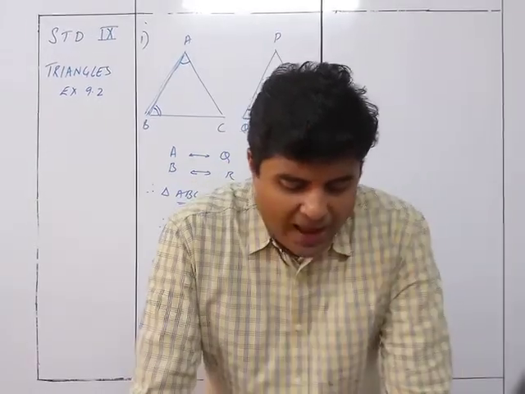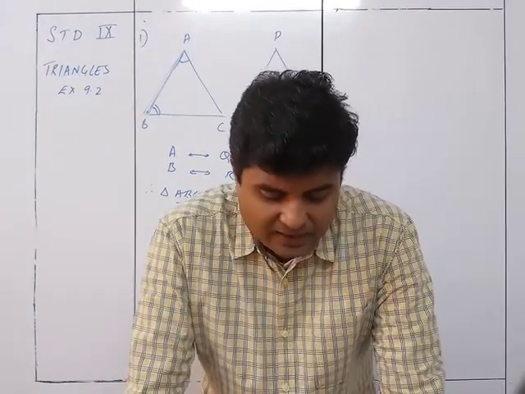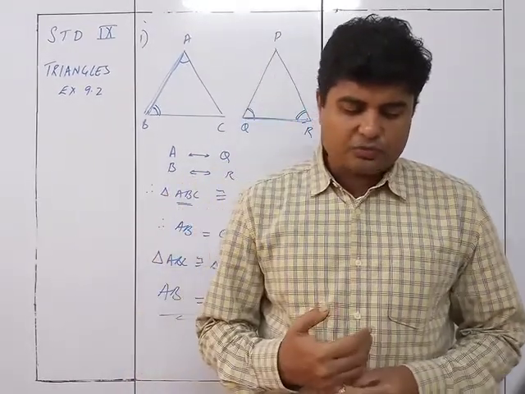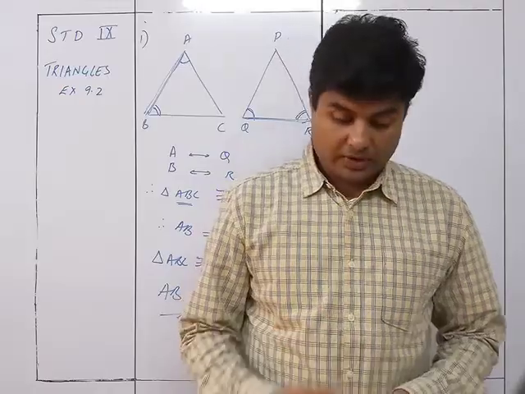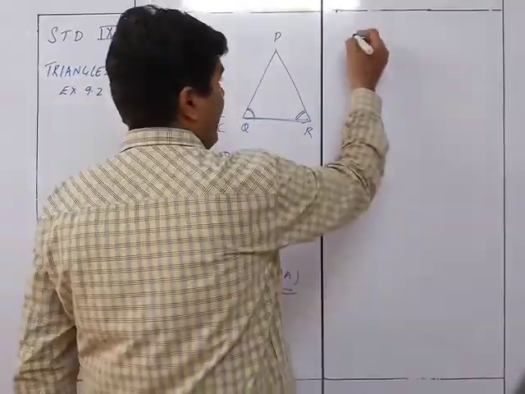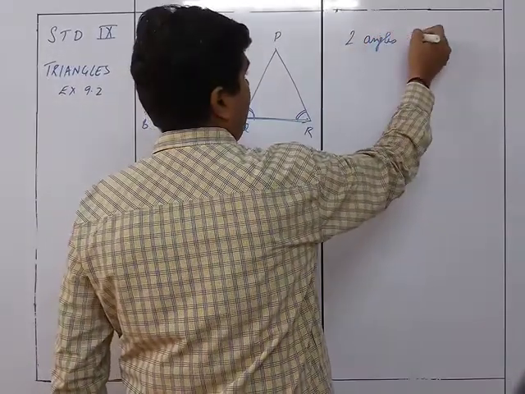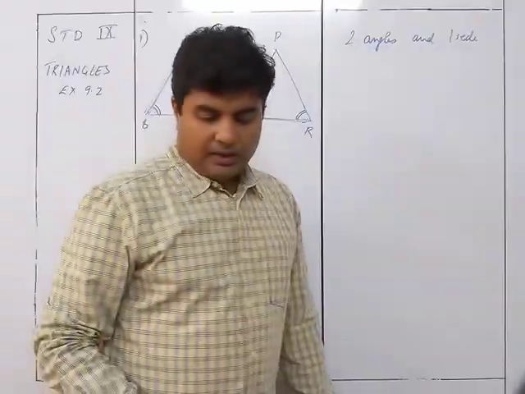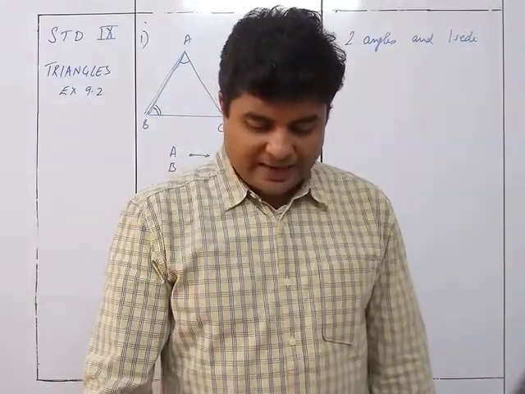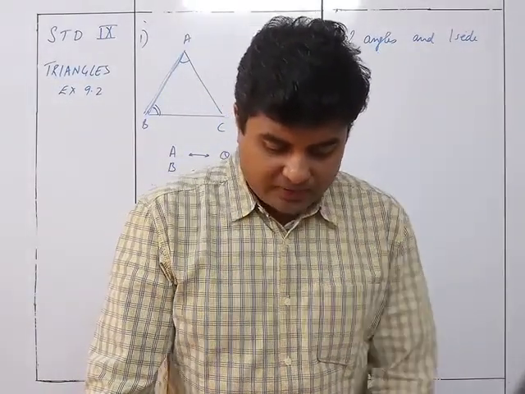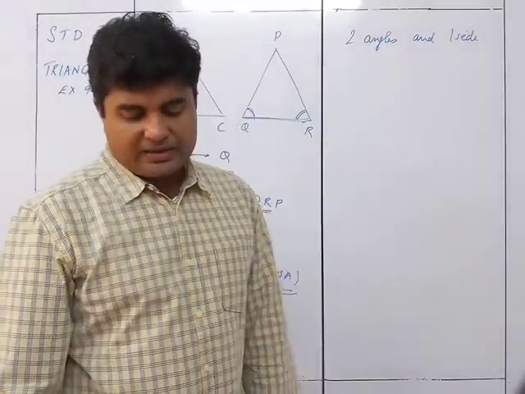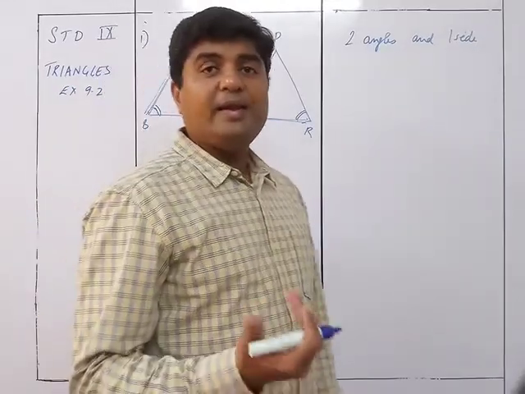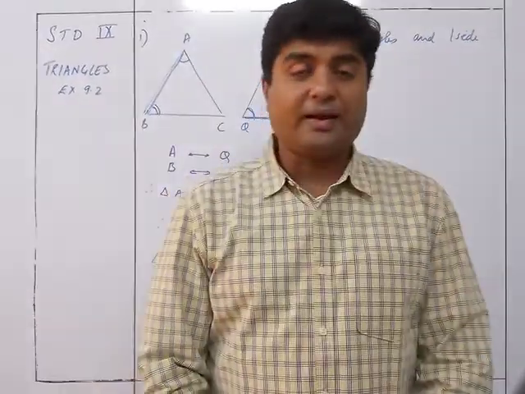Question 3. If two angles and a side of one triangle are equal to two angles and a side of another triangle, then the two triangles must be congruent. What is given is two angles and one side are equal. Will it be congruent?